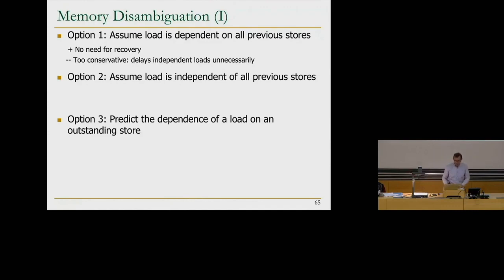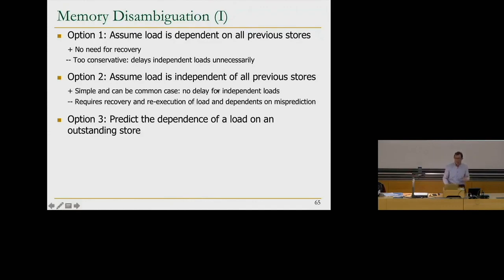If you do option 2, assume the load is independent of every previous store, it could actually be simple, and it's a common case. There's no delay for independent loads, but you have to pay the tax for recovery. If you're wrong, first of all, you need to figure out that you're wrong. So there needs to be some additional logic that says, you sent this load, you executed it, but you were wrong.